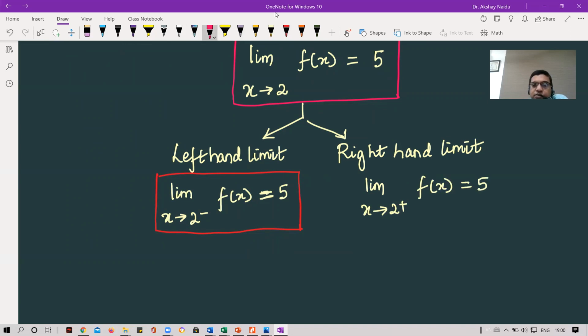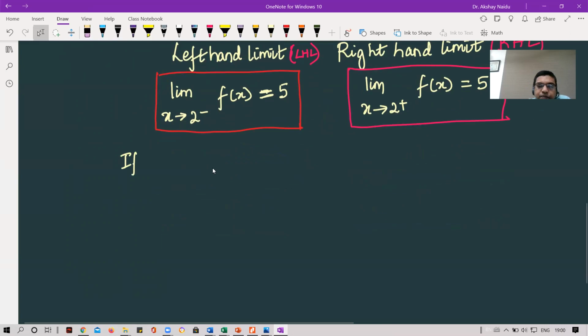All right. Now the left hand limit we call LHL, and right hand limit we call RHL.